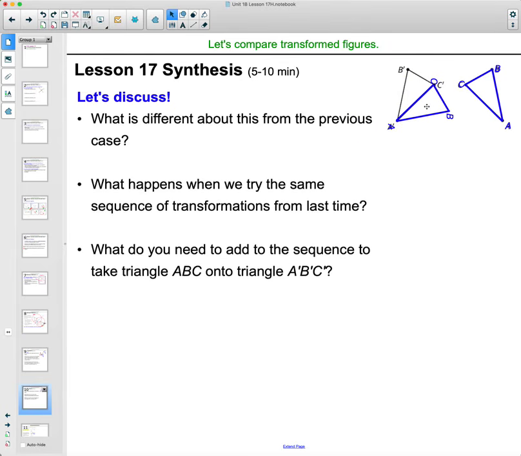Okay, so now it's not going to be on itself because the order of the letters changed from that flip. So in this one, we would need to move A to A prime, rotate C to C prime, and then reflect over this line so that we can get B onto itself, then flip it over the line.